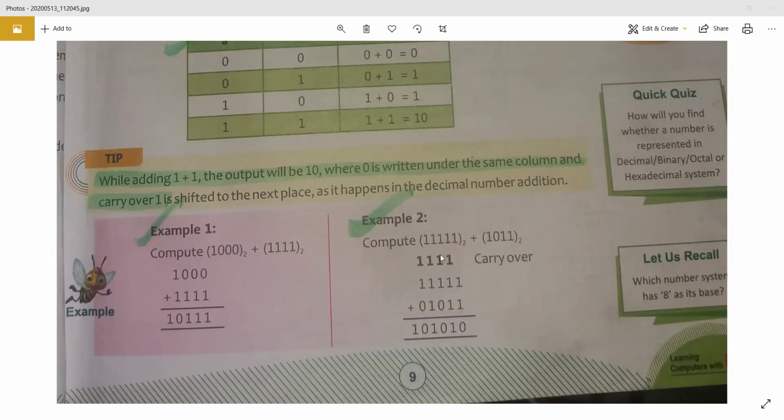Now again a pair has come, so 1 carry will go, and then 0 plus 0 is 0. Again a pair came, so 1 carry will go forward, and then 0 will be added to this one, so 0 plus 1 is 1. And then this is again a pair, so you can write a carry here also, or you can directly write 10 because 1 and 1 is 10.